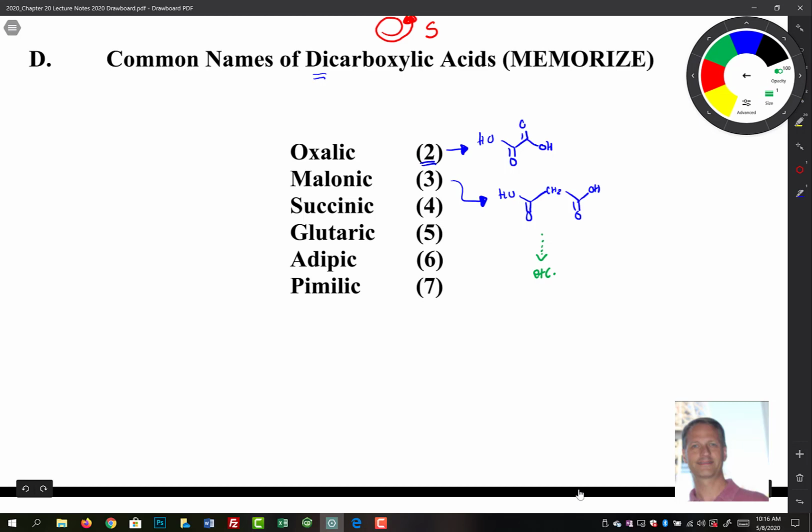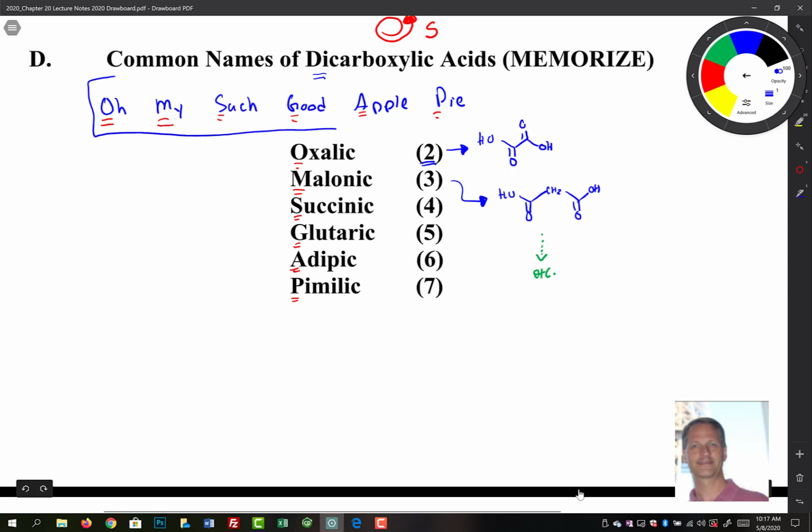So the key to remembering this is to remember this mnemonic. So, oh my, such good apple pie. Right, so here's oxalic, malonic, succinic, glutaric, adipic, and then pimelic here.